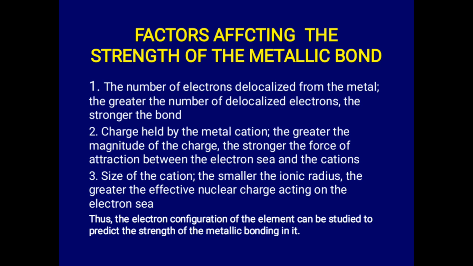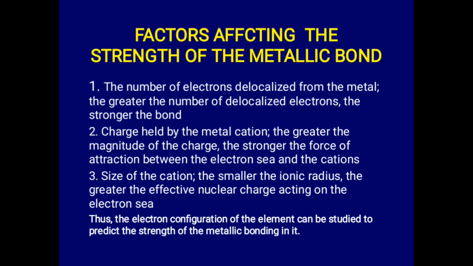So a +3 metal has a stronger metallic bond than a +2 metal, and a +2 metal has a stronger metallic bond than a +1 metal. That is why the strength of metallic bond increases across the period from group 1 to 3. Then of course it decreases down the group as well. So it is very important we take note of this.